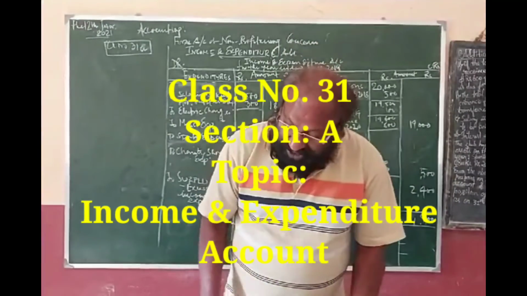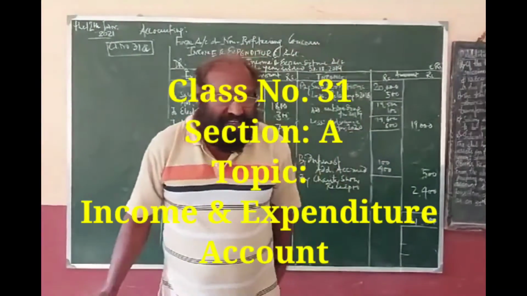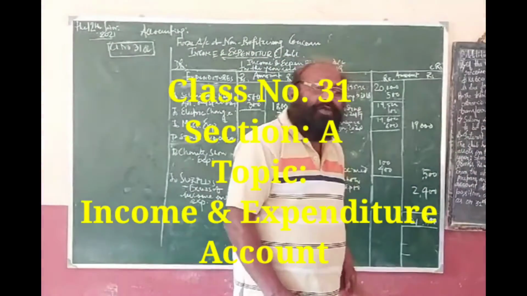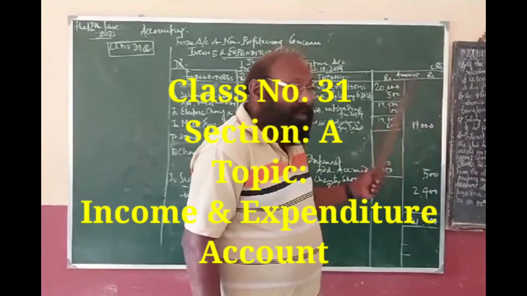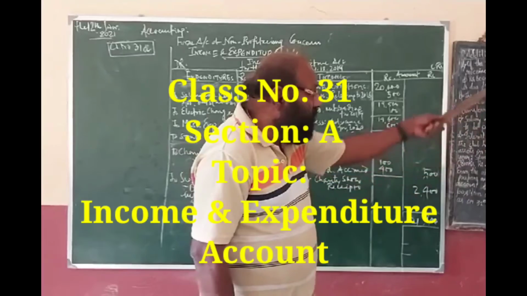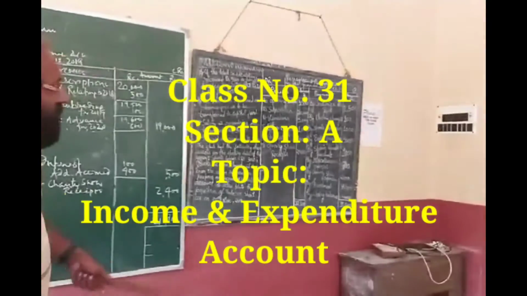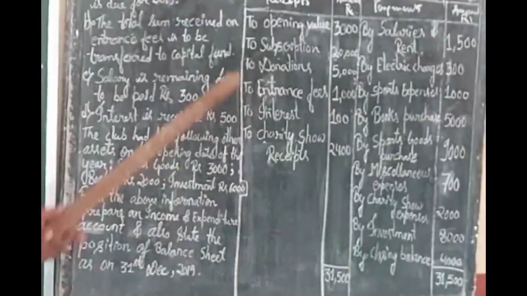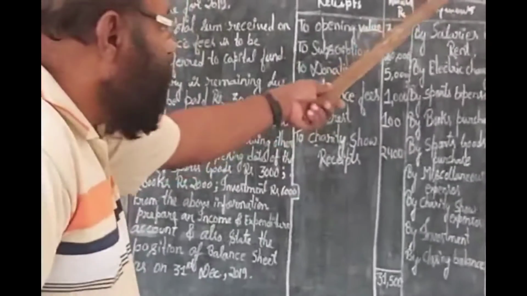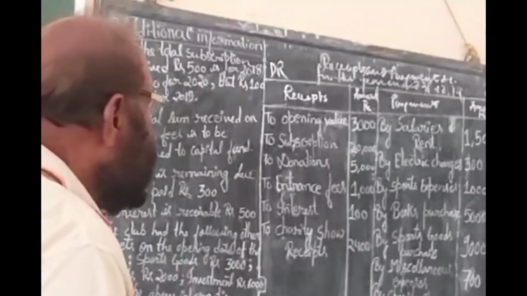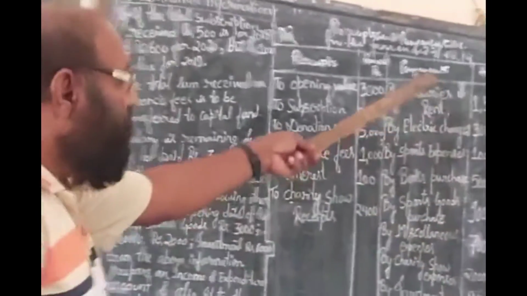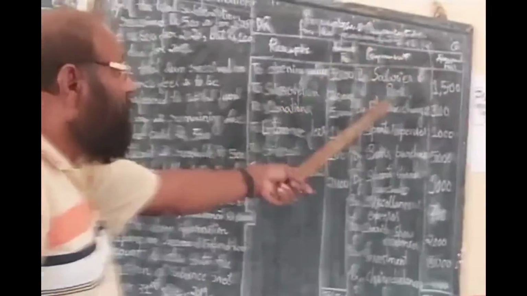Okay. Now the problem is a very simple problem, and it is more or less equal to what has been done just 2 minutes back. It is a receipts and payments account. Only the year has been changed. It is 2019. The receipts and payments account has been given, and these are the different heads of payments.